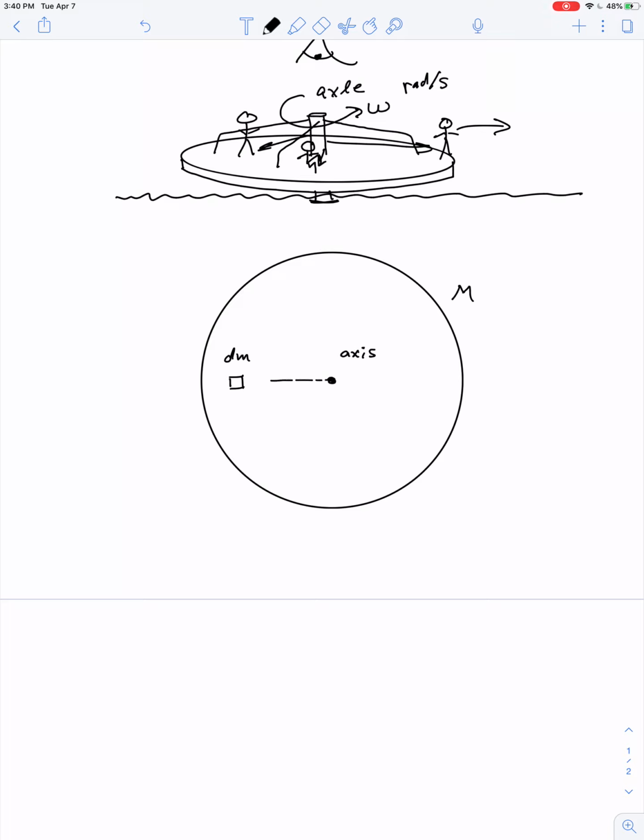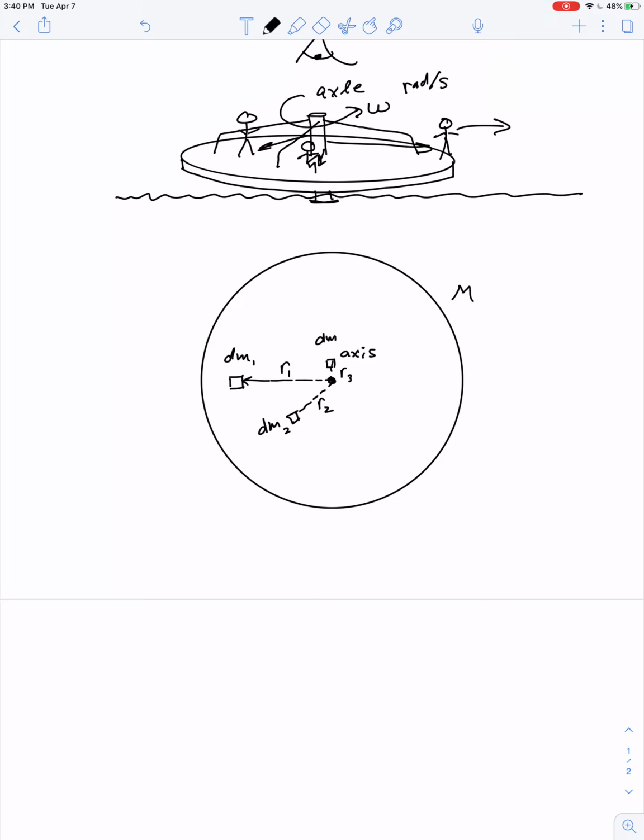Now that dm sits at a distance of r, whereas this one sits at a different distance of r. So there's an r1 for dm number 1, there's an r2 for dm number 2. Maybe you've got one that sits really close to the axis of rotation. That one's got an r number 3.